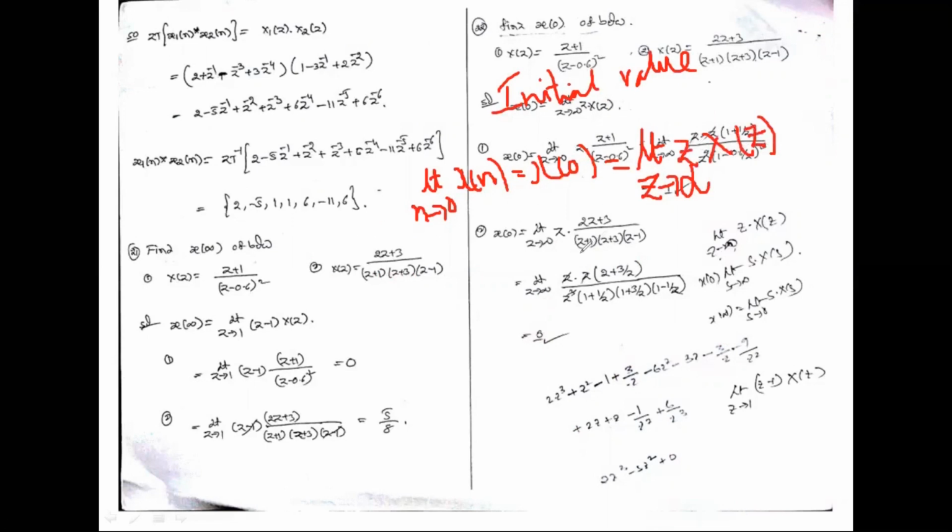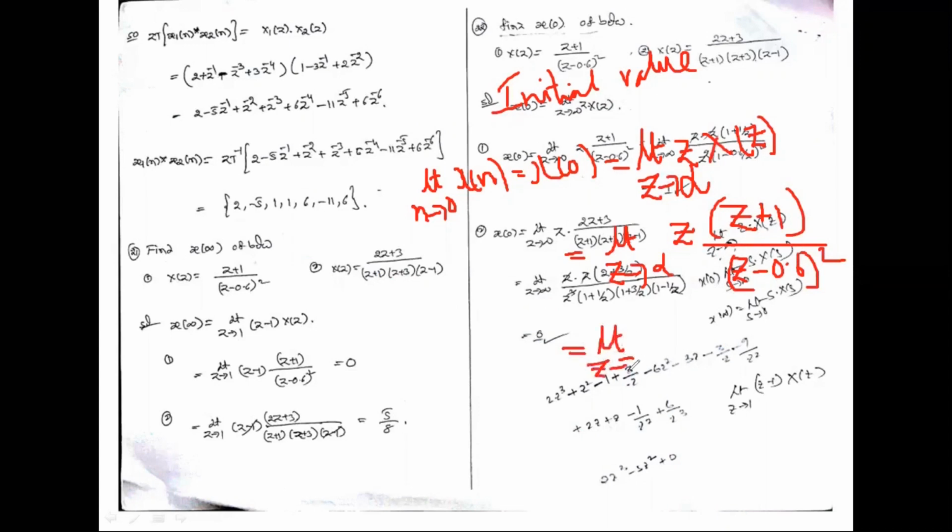For the first example, taking the limit as z tends to infinity of z into x of z, where x of z is (z plus 1) divided by (z minus 0.6) whole square. That is equal to the limit as z tends to infinity of z, taking z as common here, (1 plus 1 by z), and here also you can take z square as common because it is a whole square, z square (1 minus 0.6 by z).